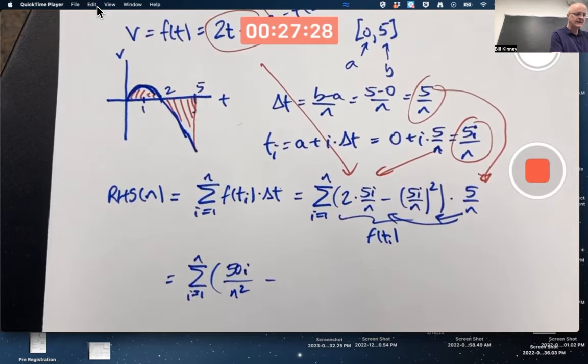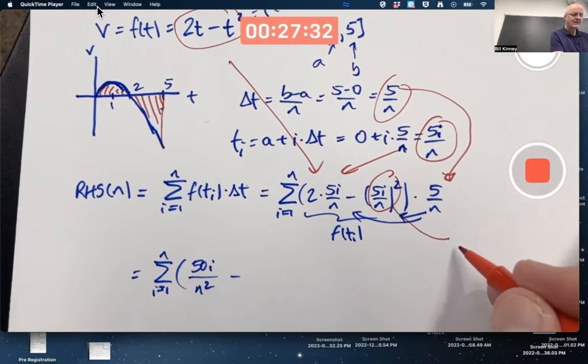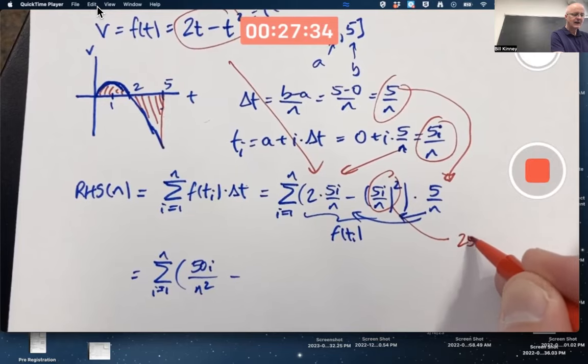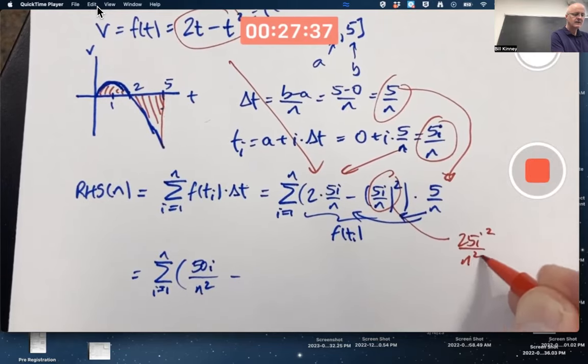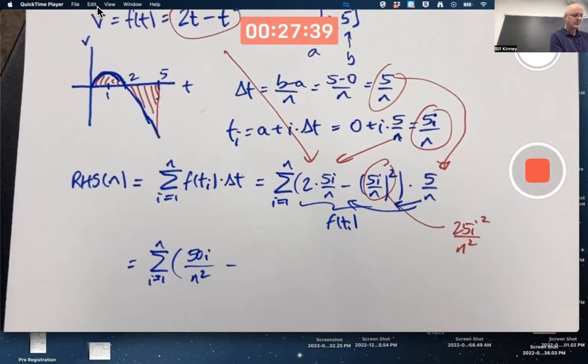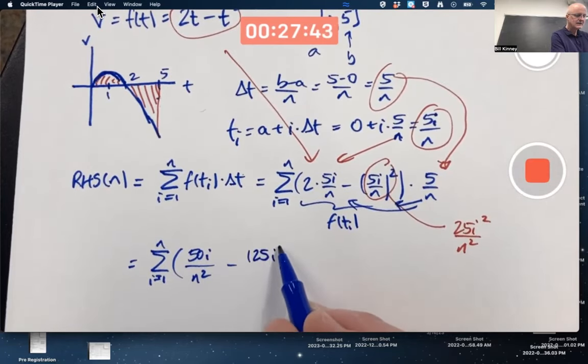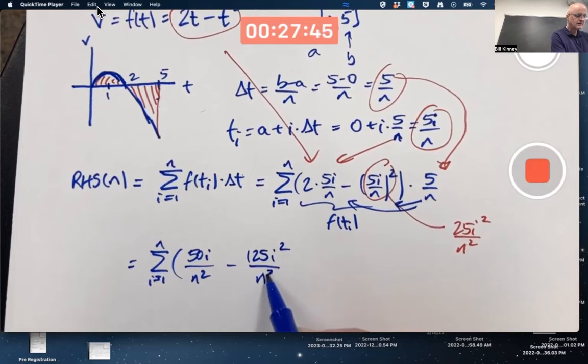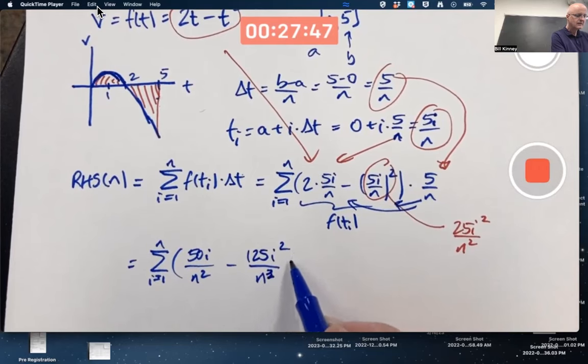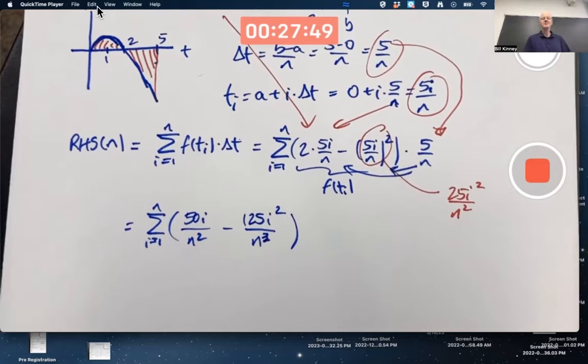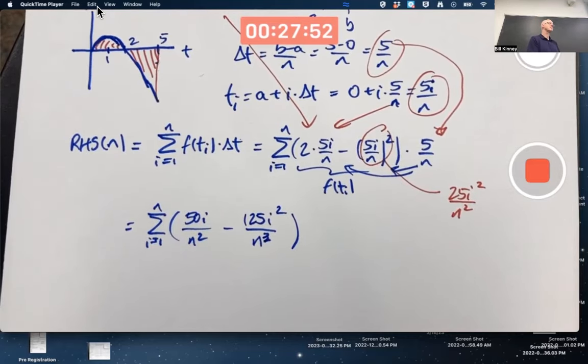Here I have to square this thing before multiplying by 5 over n. 5i over n squared is 25i squared over n squared. If I multiply that by 5 over n, that gives me 125i squared over n cubed. Doesn't seem like it's helped much, but it is a worthwhile step to do.